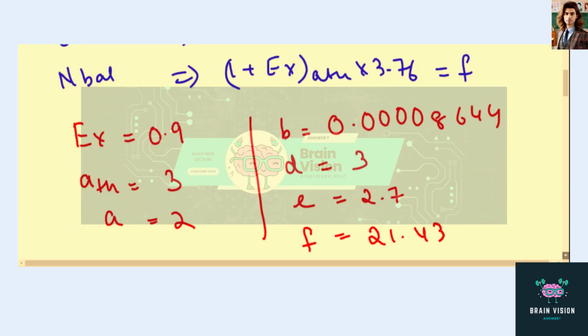Now we can write it using this equation.